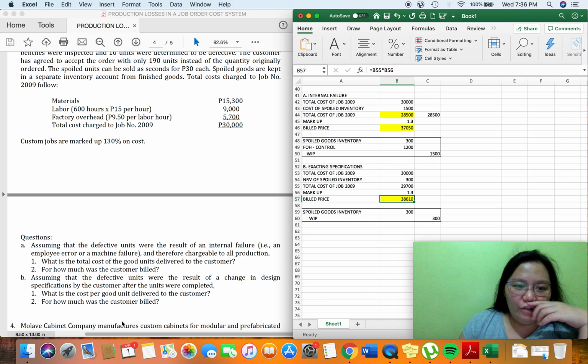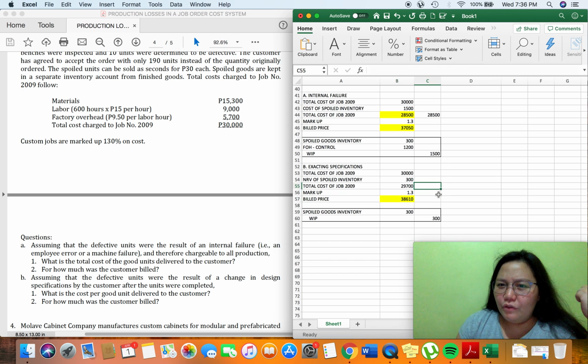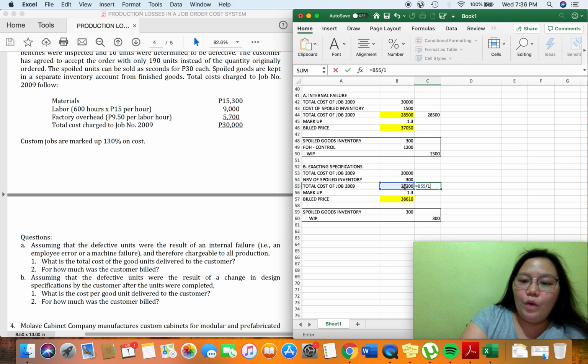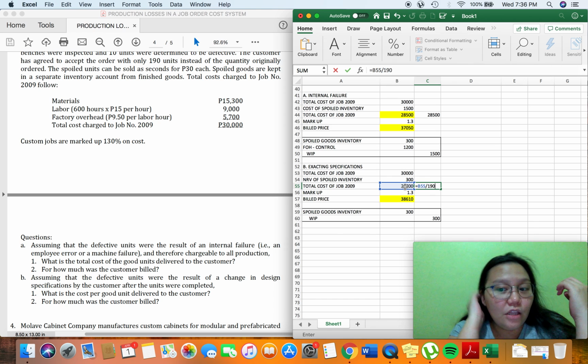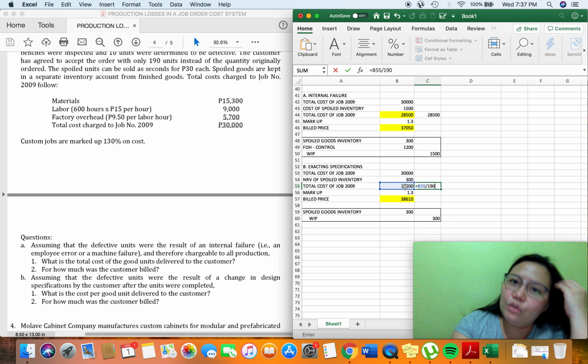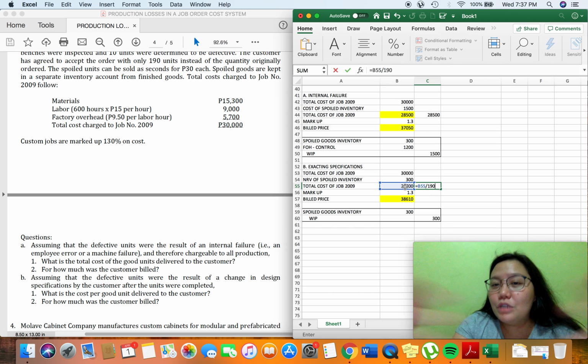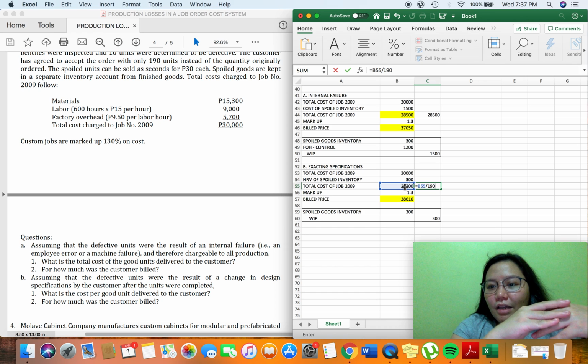Now, we have already answered number 2. But for number 1, tinatanong tayo, what is the cost per good unit delivered to the customer? So, if you want to compute for the cost per good unit delivered to the customer, we'll get 29,700 and divide this by 190. So this time, only 190 units will be delivered to the customer. Kasi nga, yung 10, you will sell it as scrap na lang.